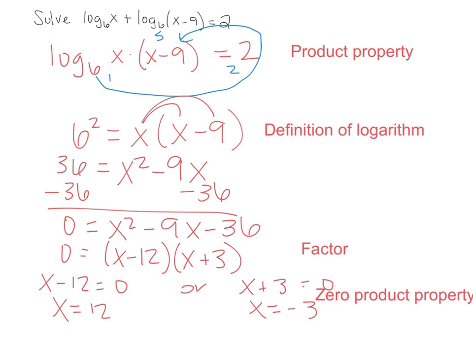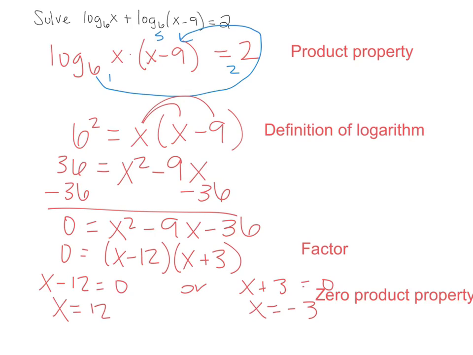And it goes the other way around. If we said we wanted this and wanted to break it into 2, you can go backwards also. And then once you have one logarithm on one side, you can use the definition of a logarithm to turn it into an exponential to solve from there.